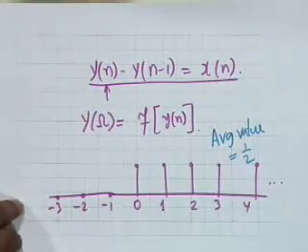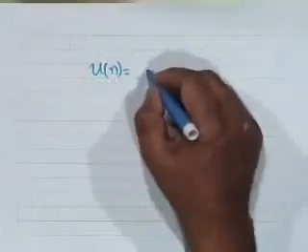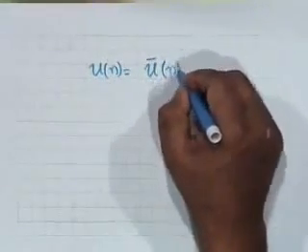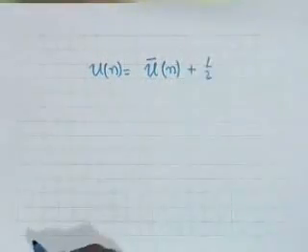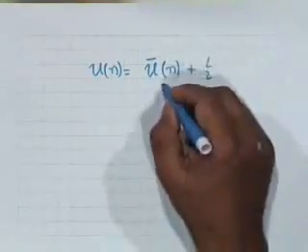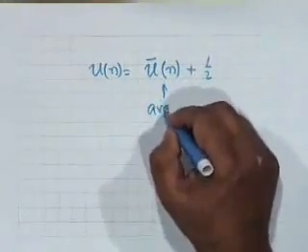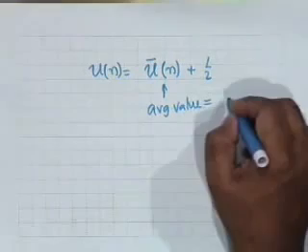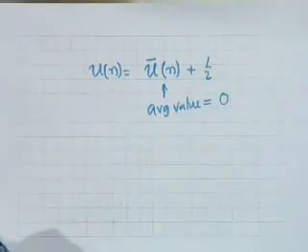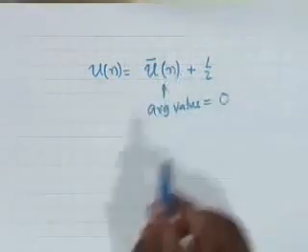Okay, average value is half, and therefore u of n, I am taking an example, then I shall go back to y of n, the general case. Therefore you can write u of n as some u bar of n plus half, some other function u bar of n, where the average value of u bar of n is equal to 0. Alright, u of n can be written like this.